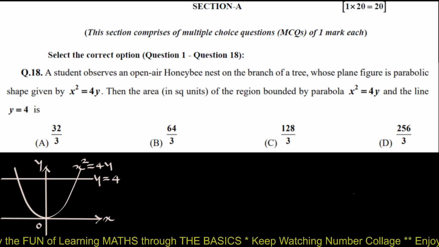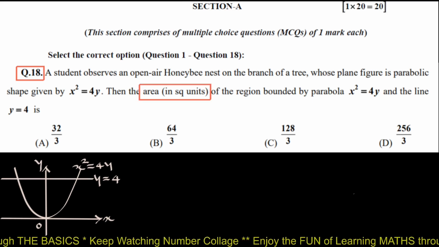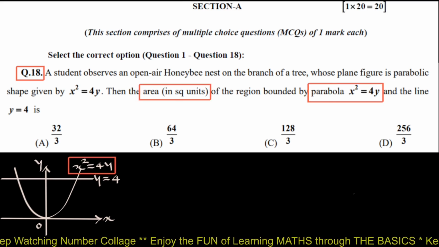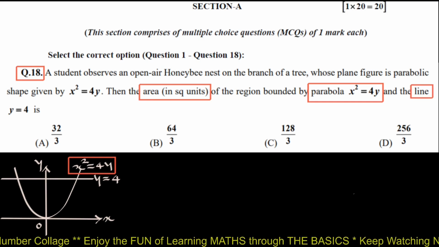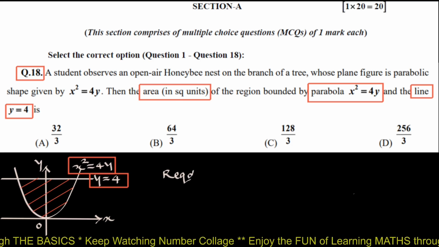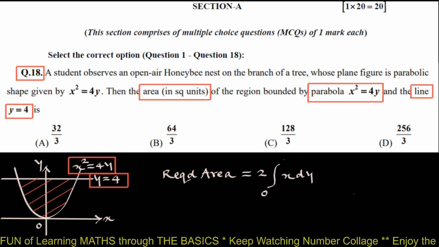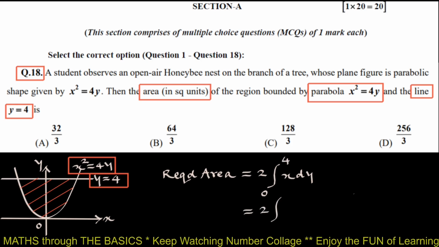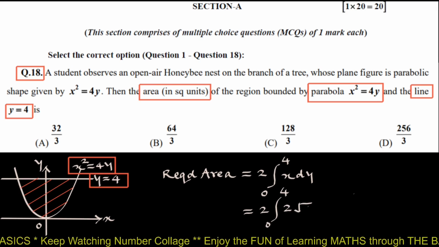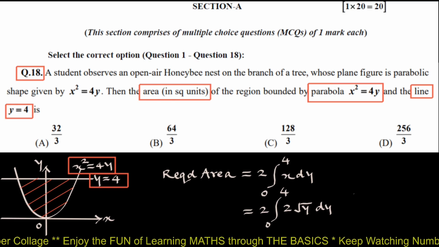Question 18. We have to find the area in square units of the region bounded by the parabola x squared equals 4y and the line y equals 4. The required area is 2 times the integral of x dy from 0 to 4, which is 2 times the integral from 0 to 4 of 2 square root y dy, after taking the square root of x squared equals 4y.